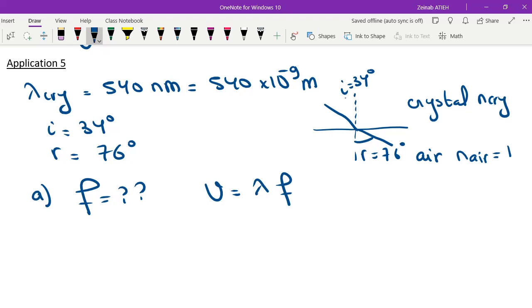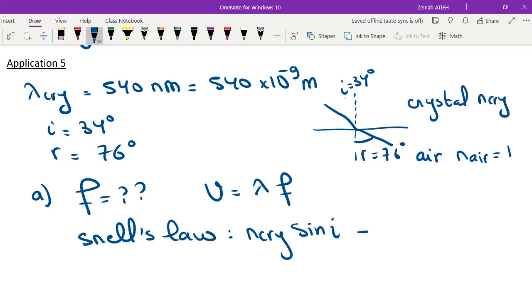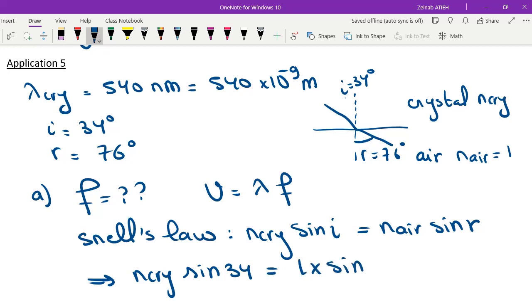Now I don't have lambda in air, he asks for it in part B. So I will try to find the frequency F equals V in the crystal over lambda in the crystal, because lambda in the crystal is given. To find V in the crystal I must find the N of the crystal. Okay, I don't have the N of the crystal. So the first step is to find N of the crystal. From N I get V, and from V with lambda I get F. So let's apply Snell's law. We have N crystal sin I equals N air sin R, which implies N crystal sin 34 equals 1 times sin 76.